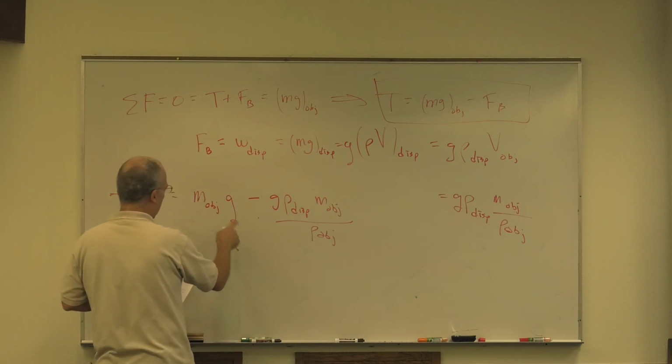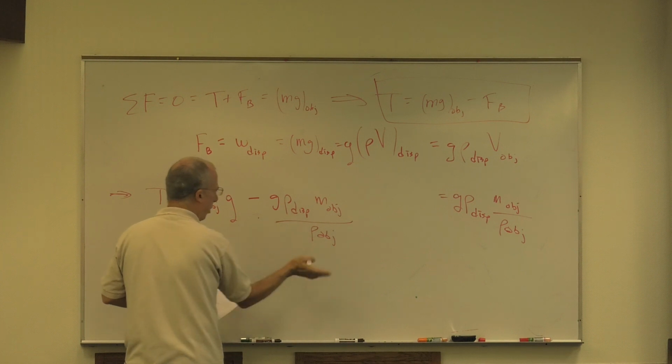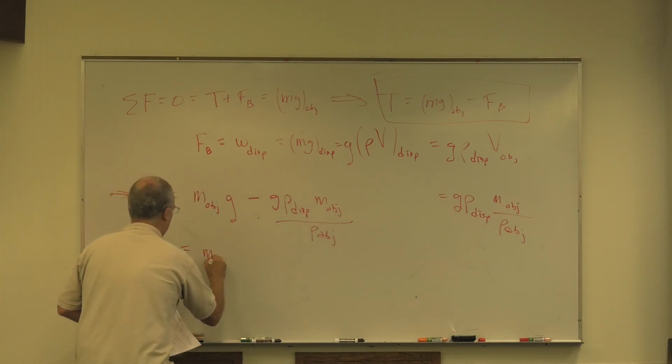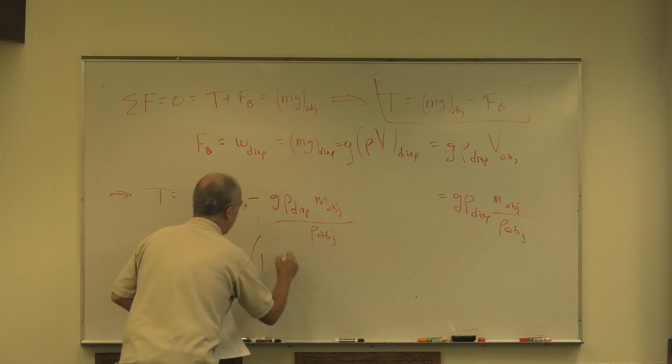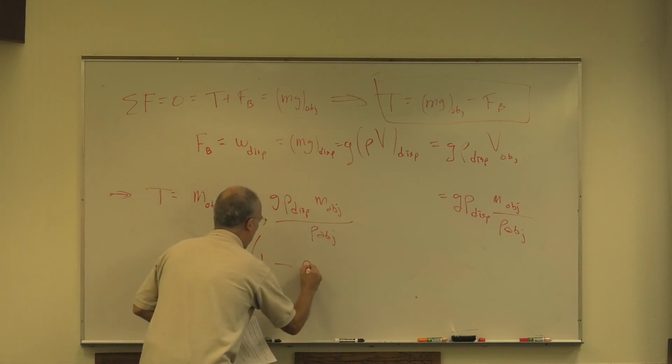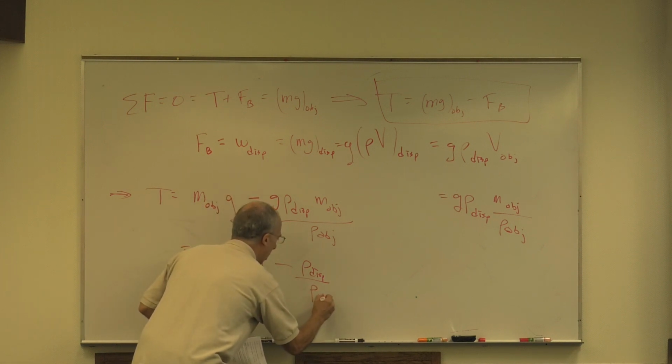And here we have an m object g, here we have an m object g. Let's pull them out. We have m object times g times 1 minus rho displaced fluid over rho object.